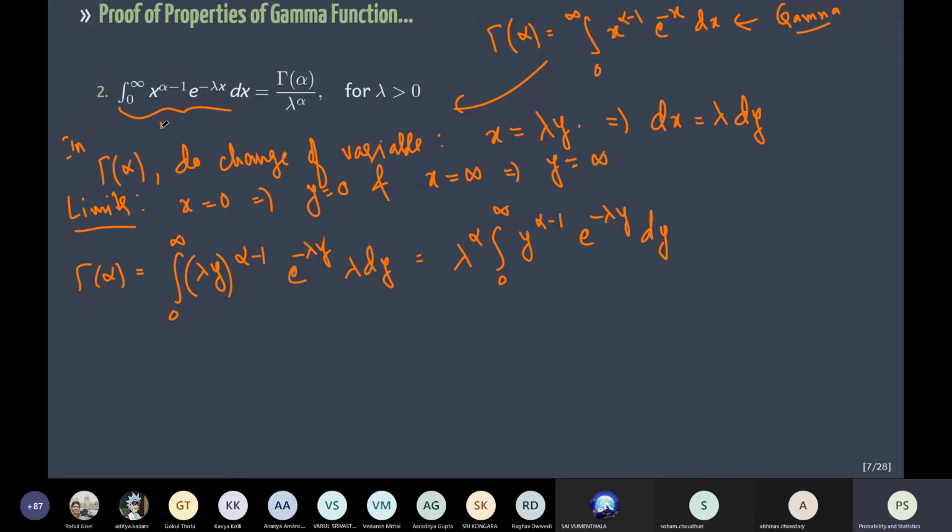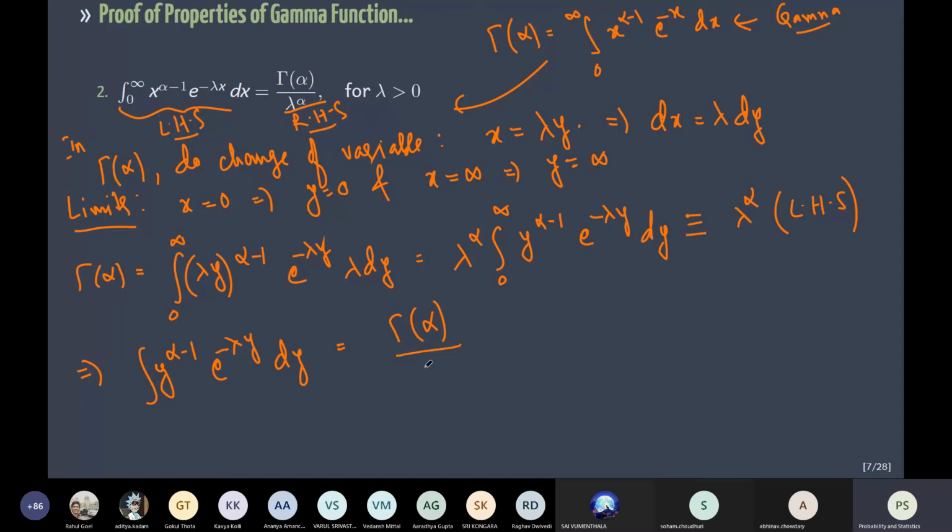So this is our left-hand side, and this is our right-hand side. So this is exactly equal to lambda to the alpha times the left-hand term, or left-hand side. So this implies the integral of y to the alpha minus 1, e to the minus lambda y dy is gamma alpha divided by lambda to the alpha.